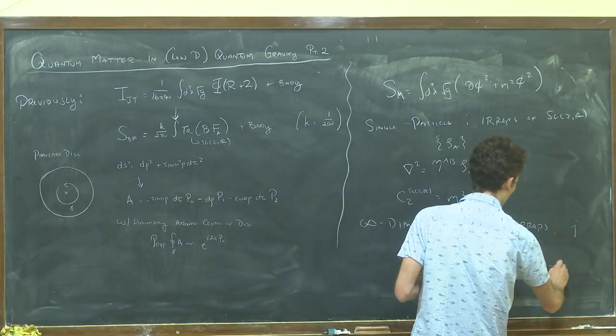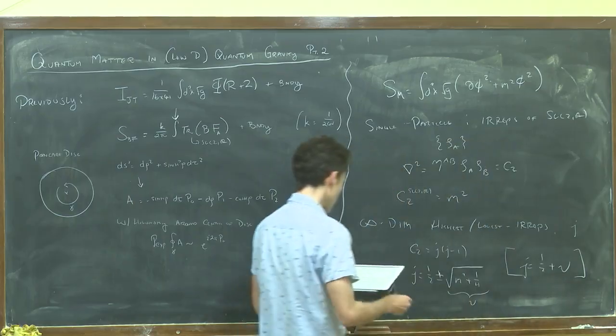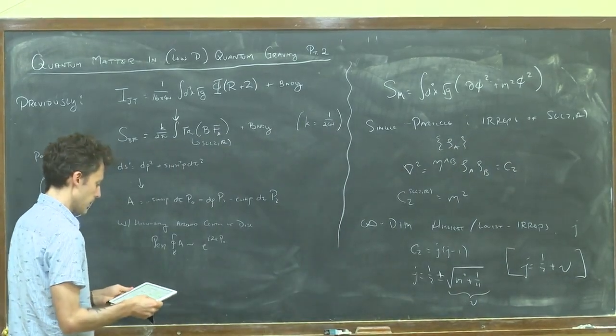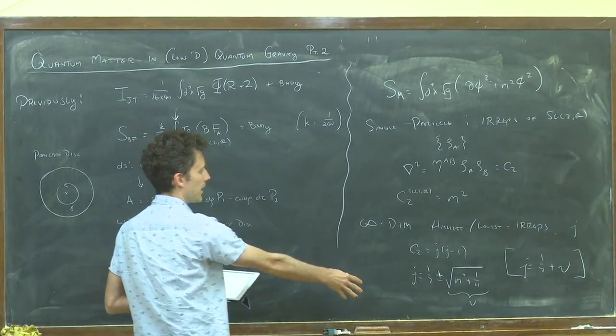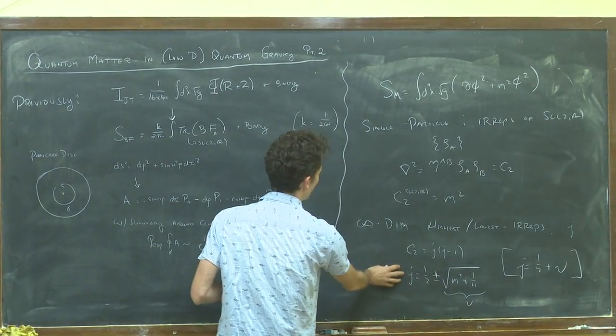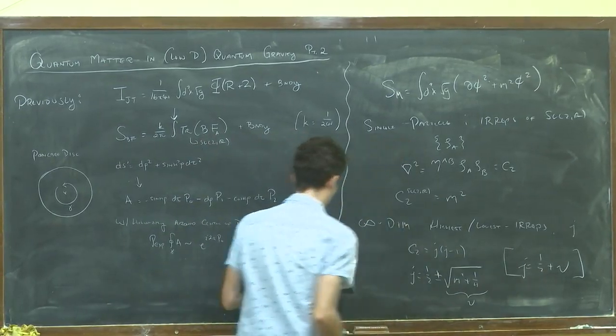So J will be 1/2 plus nu. Okay. So the single particle states will be labeled by these highest and lowest weight representations with J given the following form.